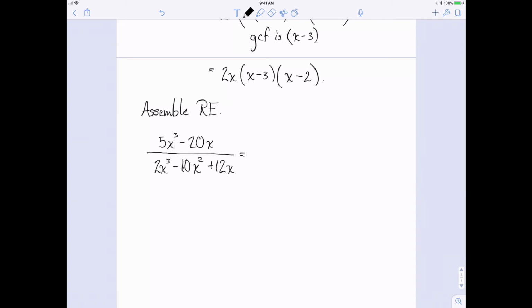After all that work, we found that the numerator factored into 5x times x plus 2 times x minus 2, and the denominator factored into 2x times x minus 3 times x minus 2.